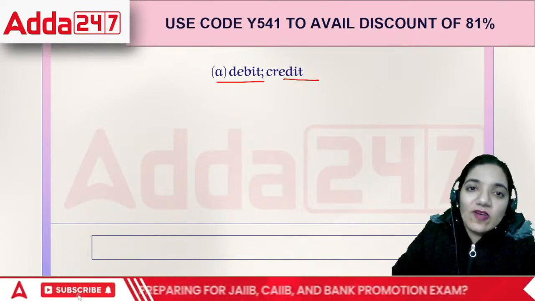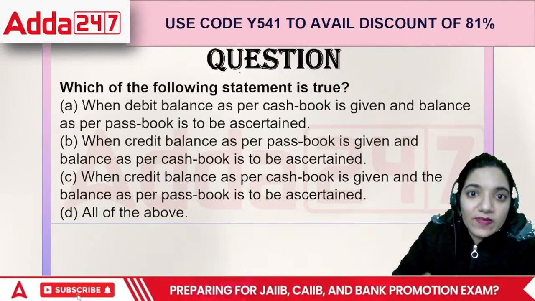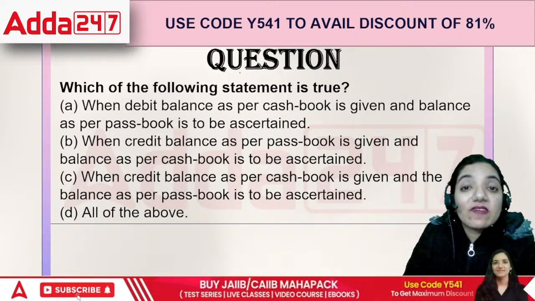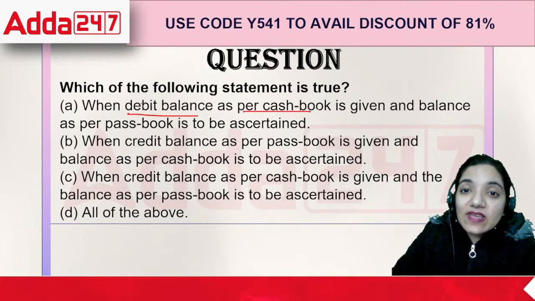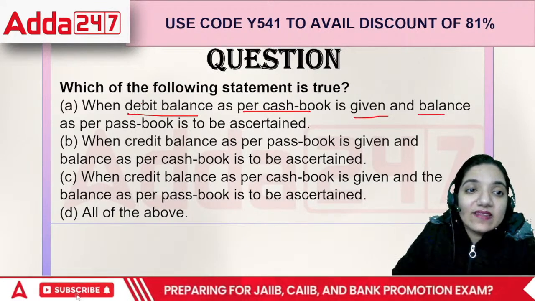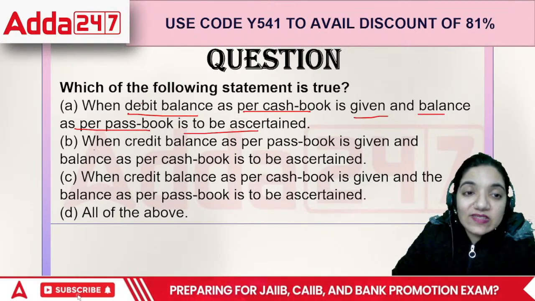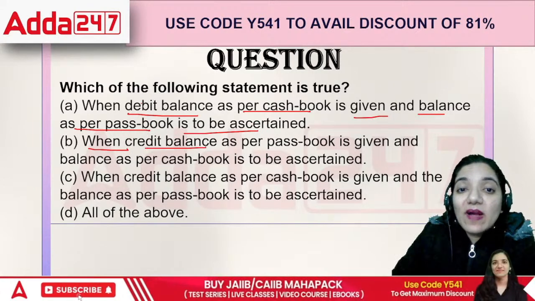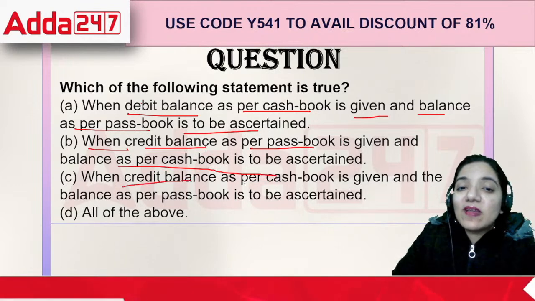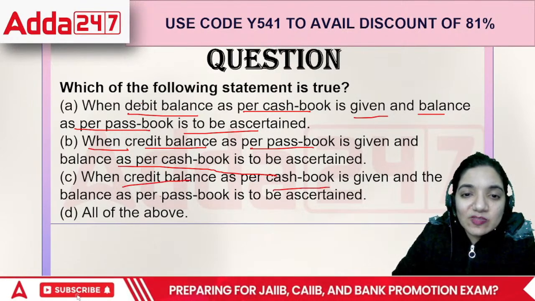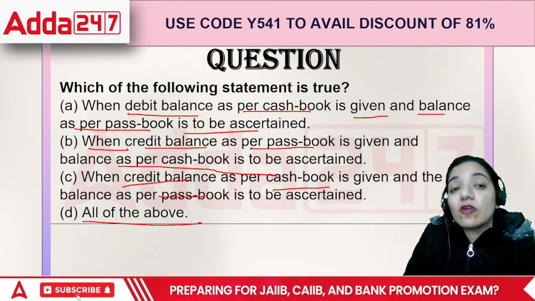Let's move on and do the next question. The next question says which of the following statements is true? When the debit balance as per the cash book is given and the balance as per passbook is to be ascertained, when the credit balance as per passbook is given and cash book is to be ascertained, when the credit balance as per cash book is given and the balance as per passbook is to be ascertained, or all of the above.